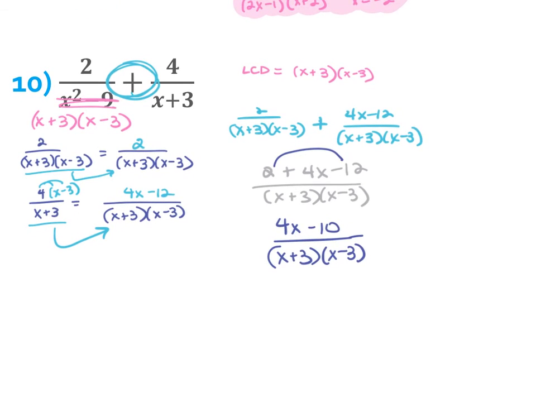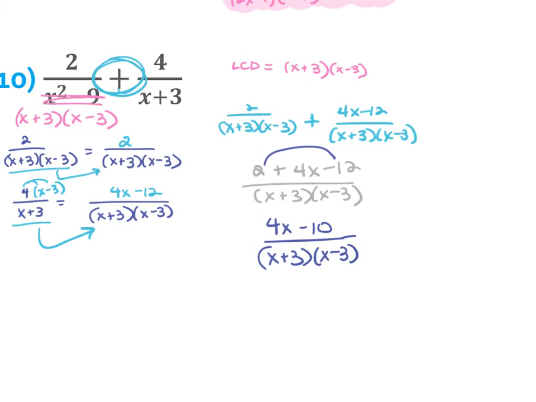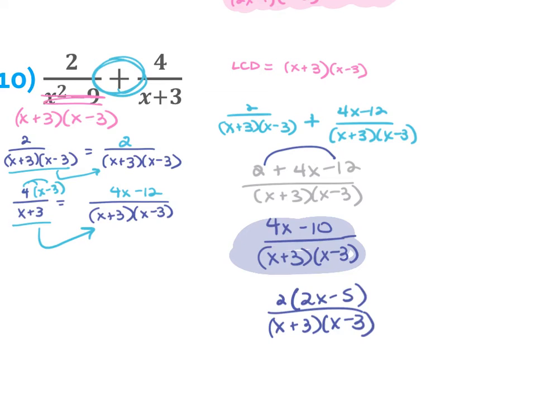Now I can factor my numerator because I can take out a 2 and I'd get 2 times 2x minus 5 over x plus 3, x minus 3. But nothing cancels, so both of these answers are acceptable. You do not need to factor out the 2. If it canceled something out, then you would need to factor out the 2. But it didn't cancel anything out, so I didn't need to.